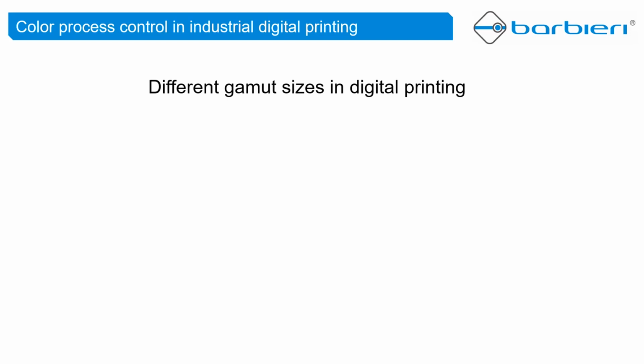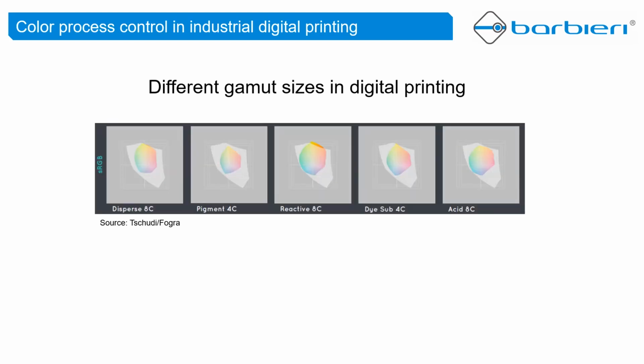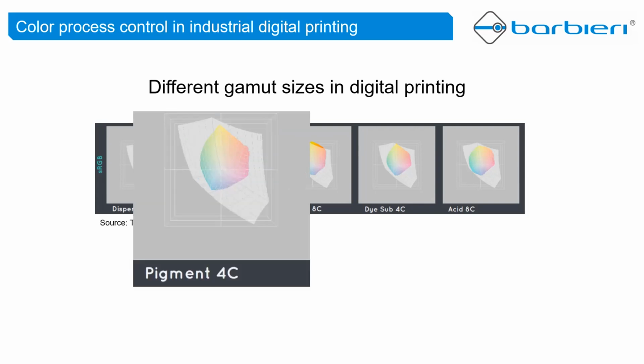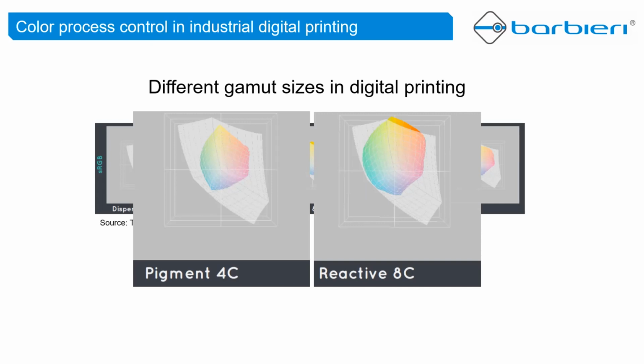Let's look at an example, different gamut sizes in digital printing. Let's look at textile printing. We have a variety of applications there as well. To pick two, we see that one application has a different gamut than another application. Of course, this does not mean that one application is better than the other. It's just different.